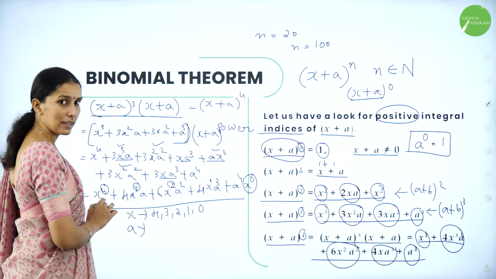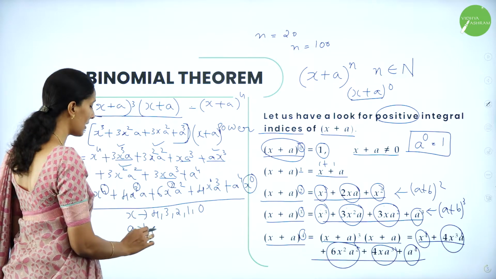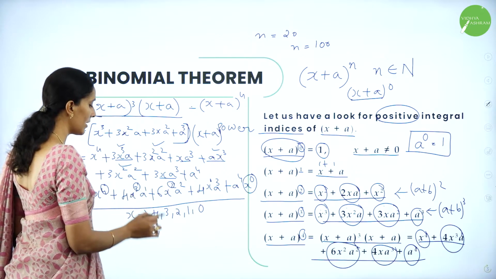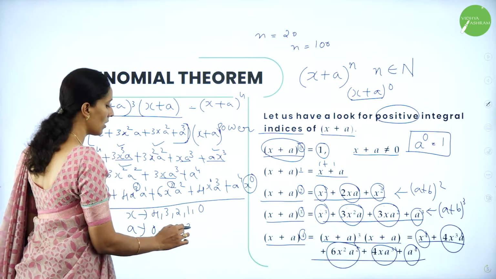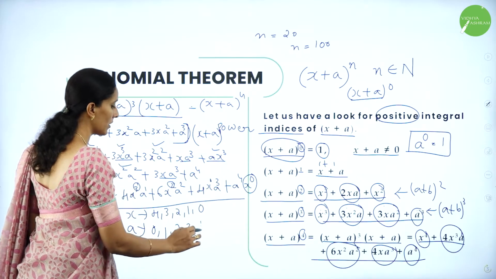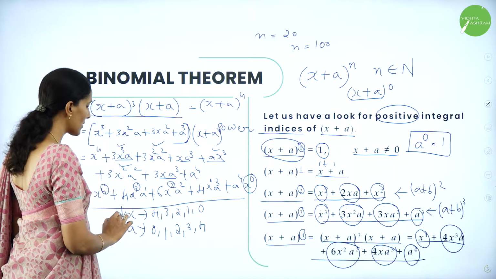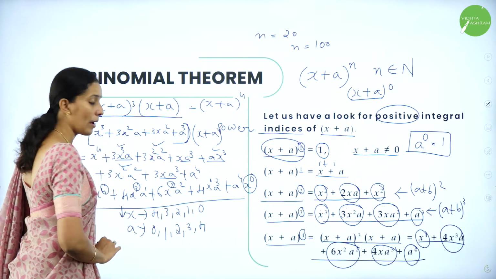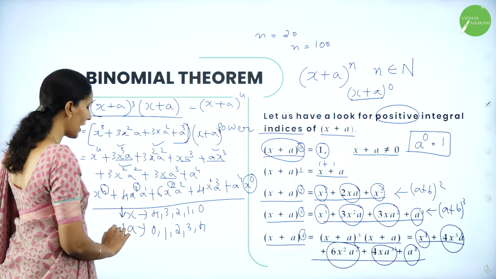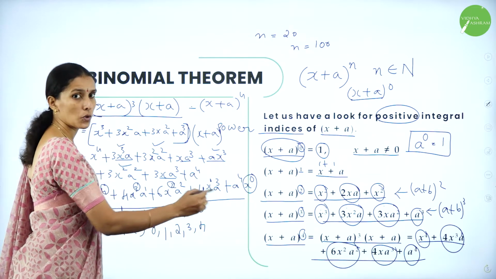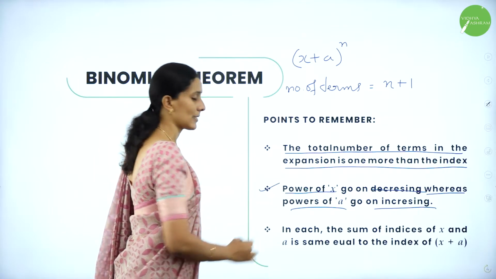In the first term, a is absent, which means the power of a is 0. In the second term, it is 1. In the third term, it is 2. In the fourth term, it is 3. And in the fifth term, it is 4. So you can see that the power of x goes on decreasing from the highest power to 0, whereas the power of a goes on increasing from 0 to the highest power. This is what the statement says.